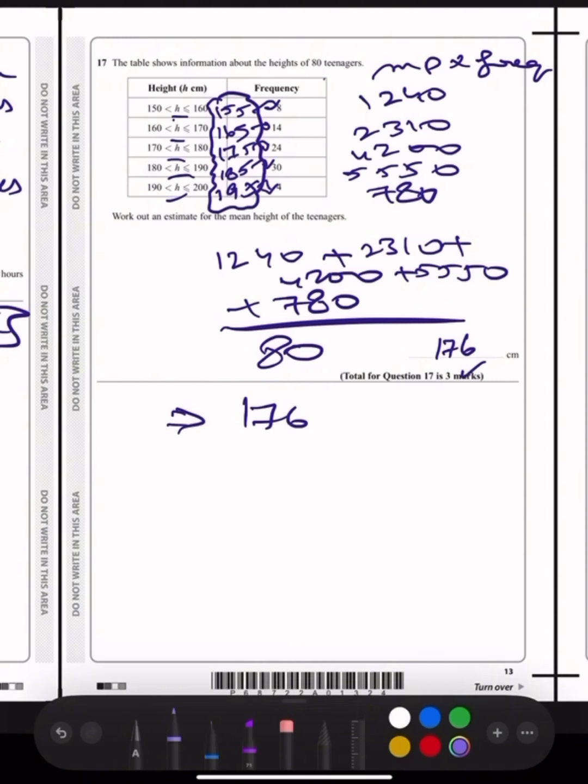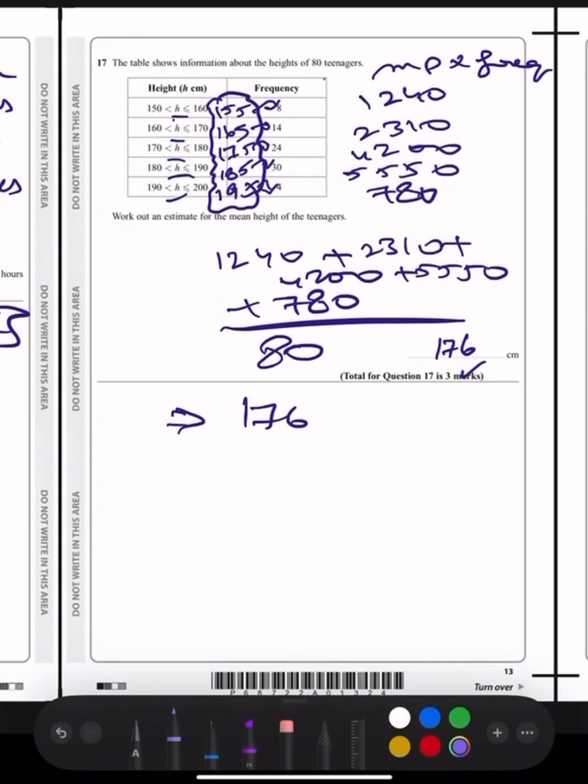I hope this question is clear to you guys. It took a bit of time because the calculator kept writing up wrong numbers, like 5570, so I had to write the whole thing again. So I wrote 1240, 2310, 4200, 5550 and then 780. And one of the steps was to add these frequencies, which we skipped.